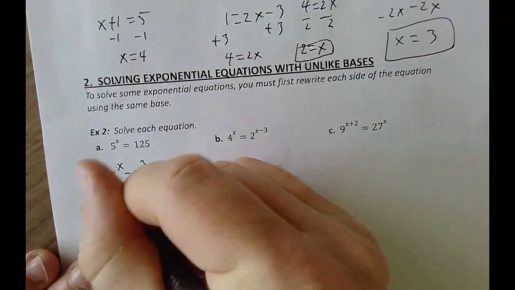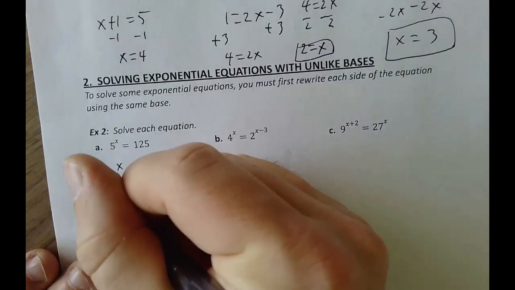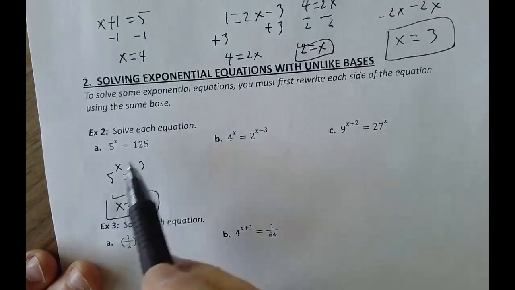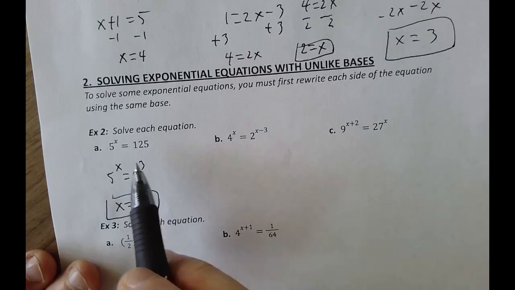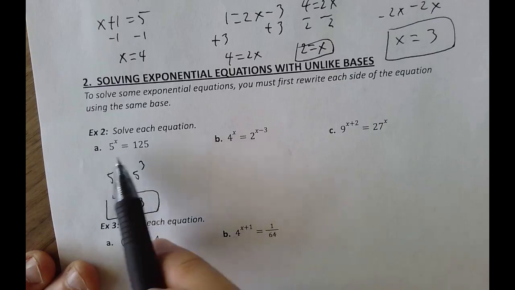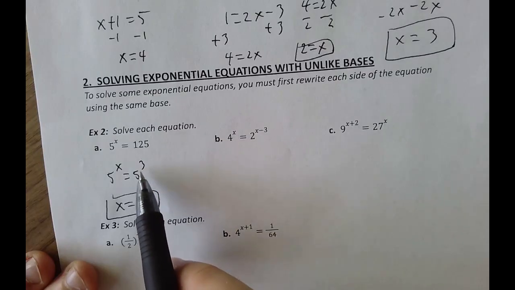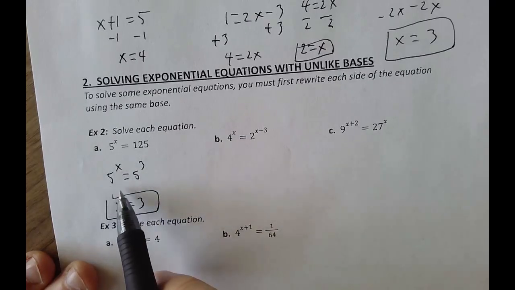Therefore, x equals 3. So what we did there is we looked at both the numbers, and said, well, that's a 5, that's a 125. I could write 125 as 5 to a power of something. And therefore our bases are the same, therefore our exponents are the same.